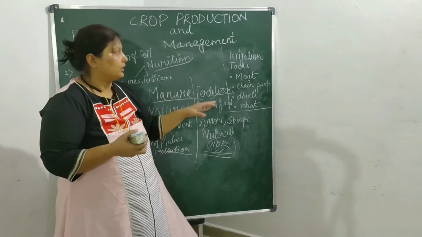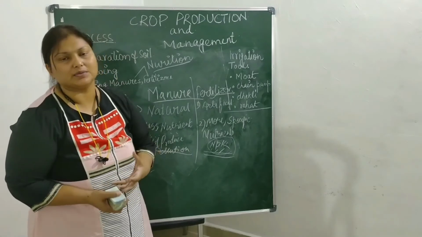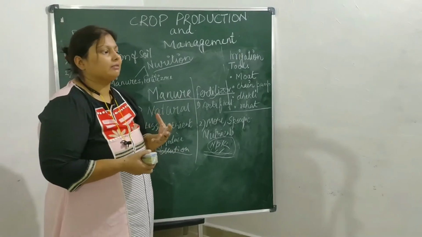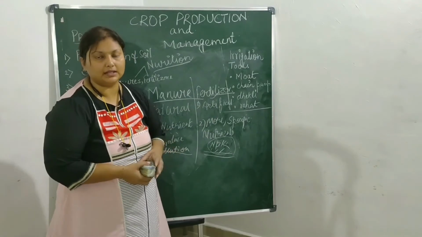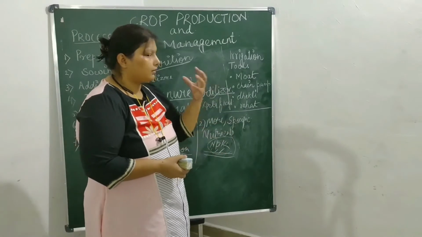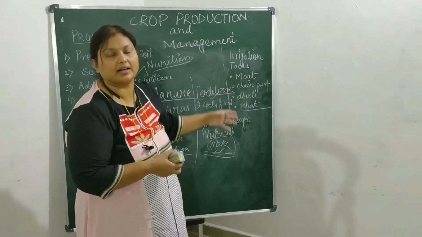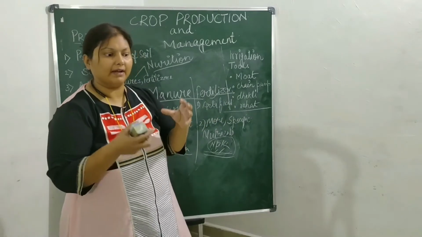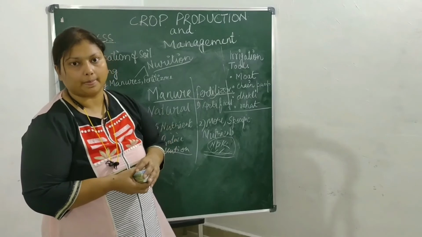It reduces the water retentivity of the soil. How is it possible? It is possible by regular use of the fertilizer in the field. The soil where fertilizer is used excessively has less tendency to retain water.